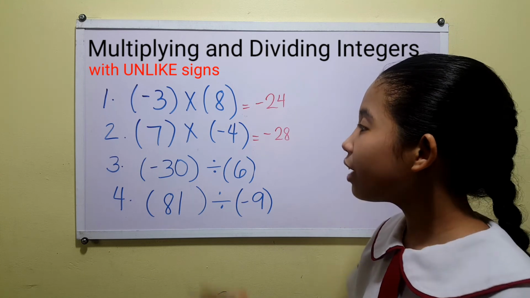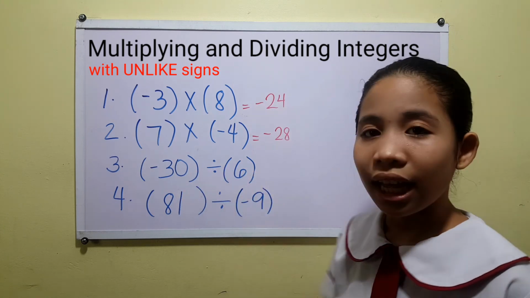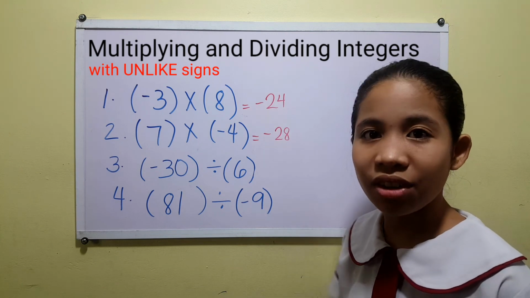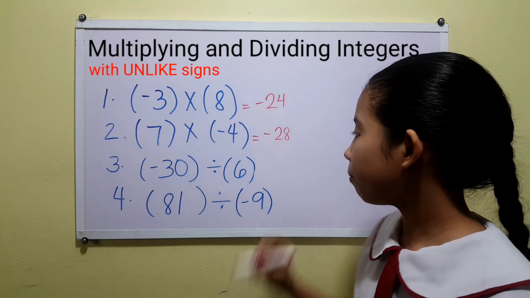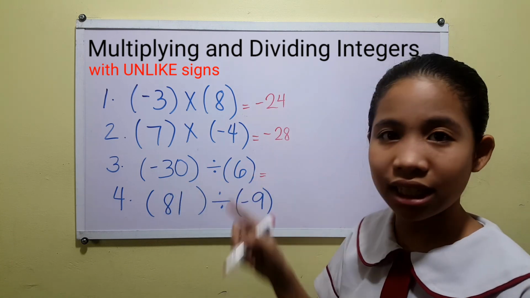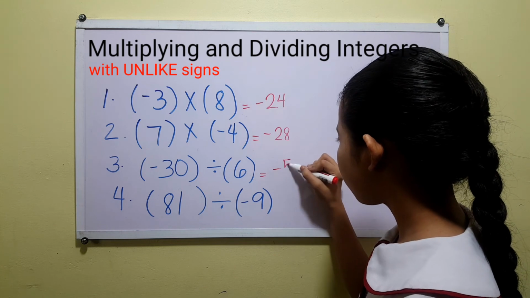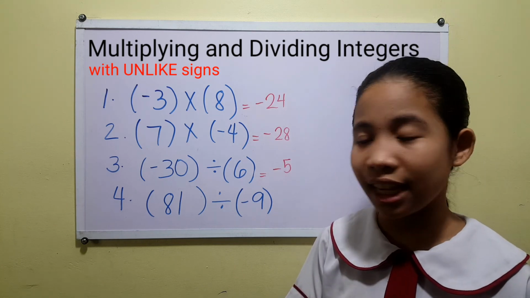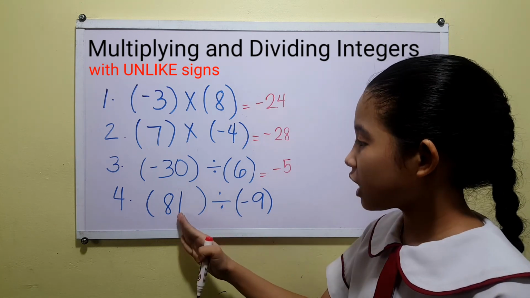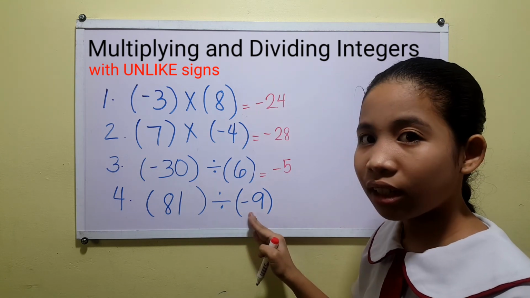Next, we have negative 30 divided by positive 6. Negative divided by positive is equal to negative. So, negative 30 divided by positive 6 is equal to negative 5. Lastly, we have positive 81 divided by negative 9.